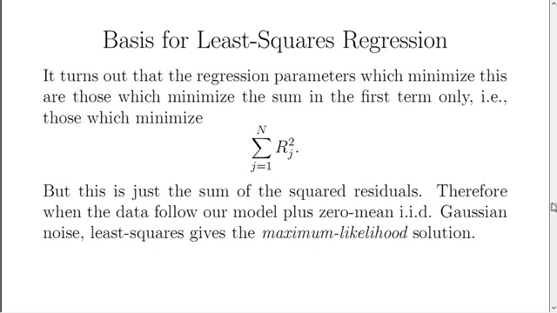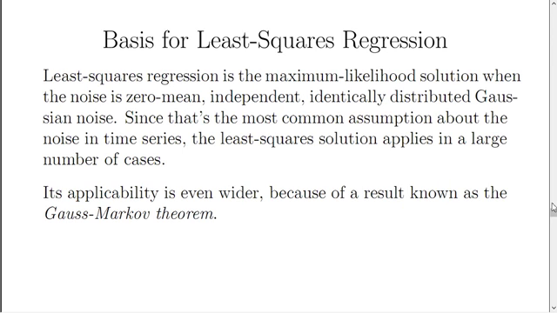But this is just the sum of the squared residuals. Therefore, when the data follow our model plus zero mean IID Gaussian noise, least squares gives the maximum likelihood solution. And that's why it's so good, one of the reasons, and it's also one of the reasons it's so popular.